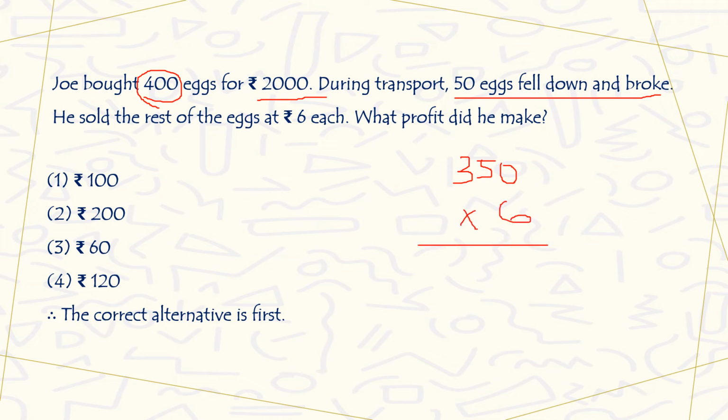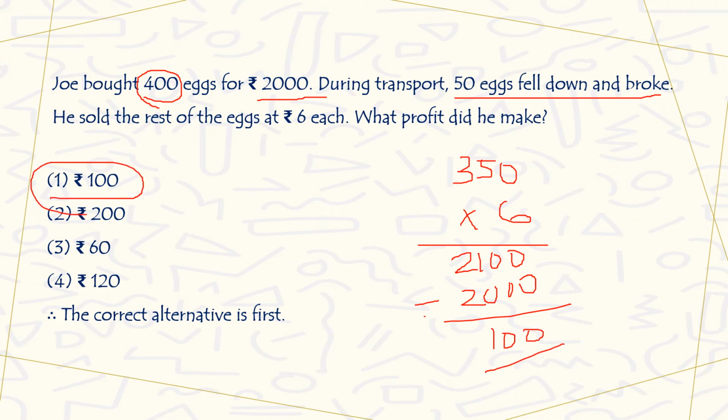So if you multiply it, you will get 2,100 rupees, and we all know how to find the profit. So you subtract 2,000 from 2,100 and you get 100 as the answer. Okay, so the correct alternative is alternative number 1, that is 100.